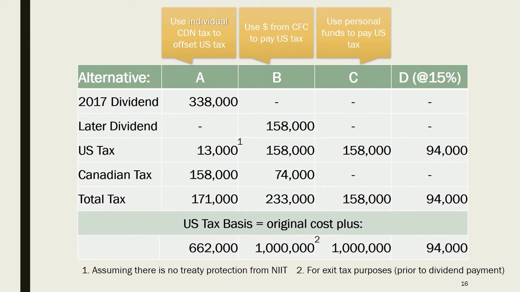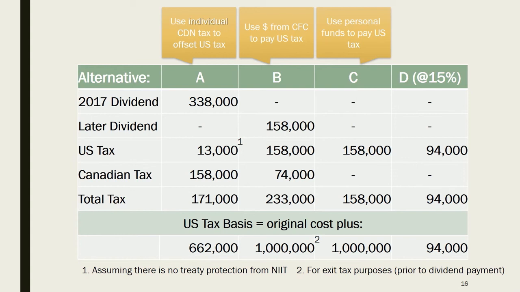But it also means that eventually, when we do pay out this money in Canada or wherever we live, we're going to be paying local tax on it, Canadian tax on it, on income that we've already paid tax to the U.S. on. So we're guaranteeing ourselves to be double taxed. Okay. Both options B and C guarantee double taxation. Have I got that right, Karen? That's right. Both B and C guarantee double taxation.